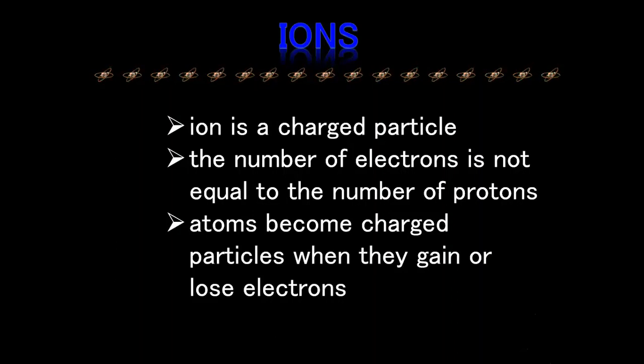You cannot really gain or lose protons. Remember that. They are too tightly held in the nucleus. So atoms, which are neutral, become charged when they gain or lose electrons.